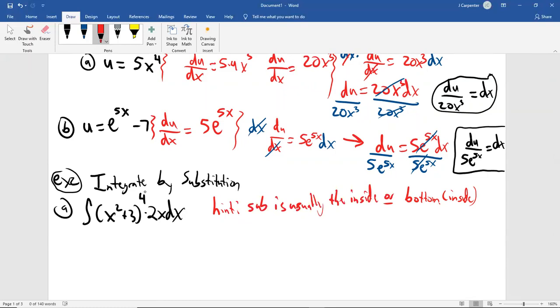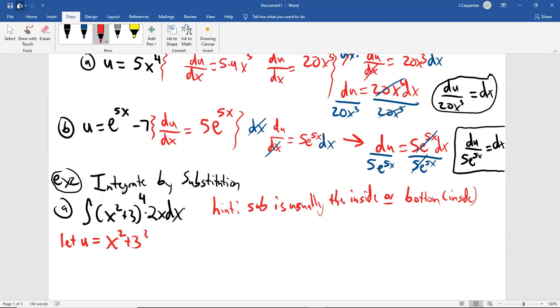I don't want to spoil too much of the fun. So what's the inside? Well, the 2x is definitely not that. This looks like the part that has an inside and an outside, the x squared plus 3 being the inside. We've talked about insides and outsides previously for chain ruling. So we're going to say, let u equal the inside, the x squared plus 3. So that's the substitution I've chosen to do.